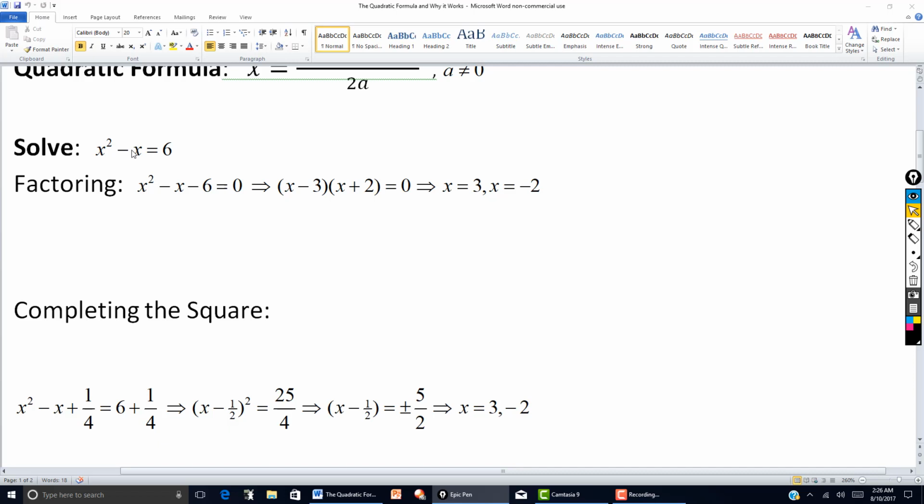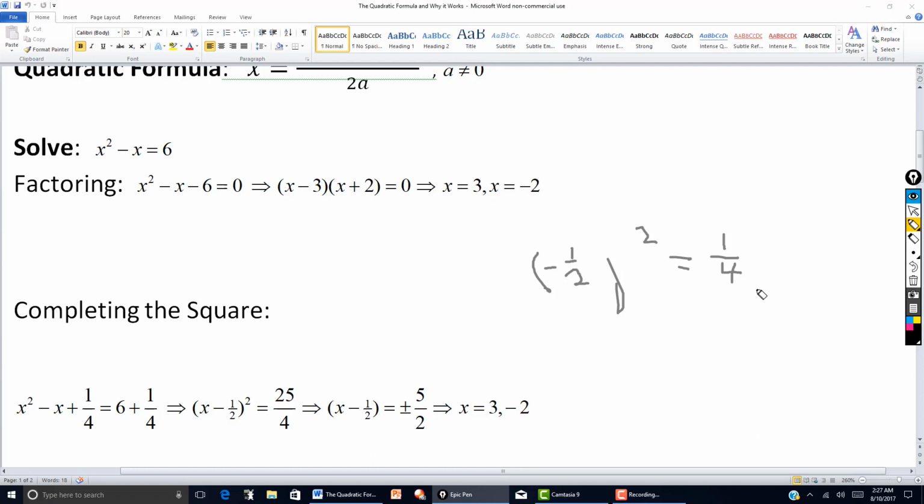So 1/2 of -1 is minus 1/2, but then you square it, and you get 1/4. In order to make the left side a perfect square trinomial, I have to add 1/4 to the left side, which is x squared minus x.